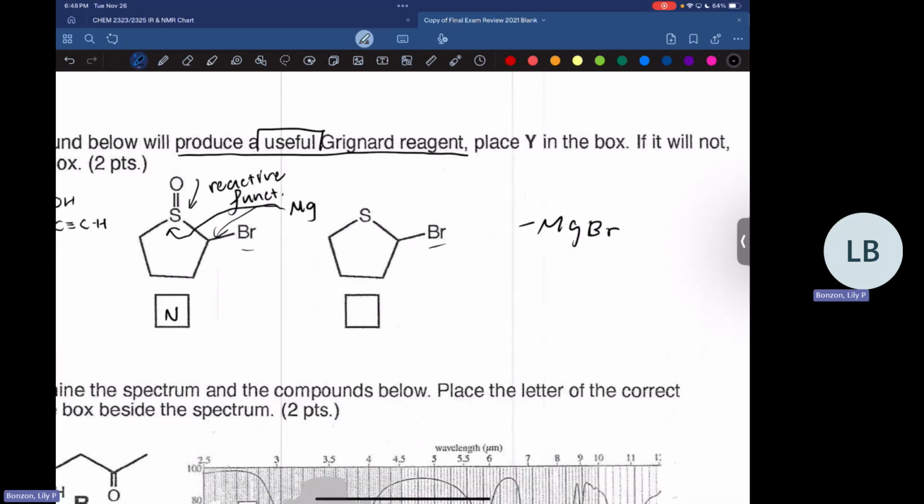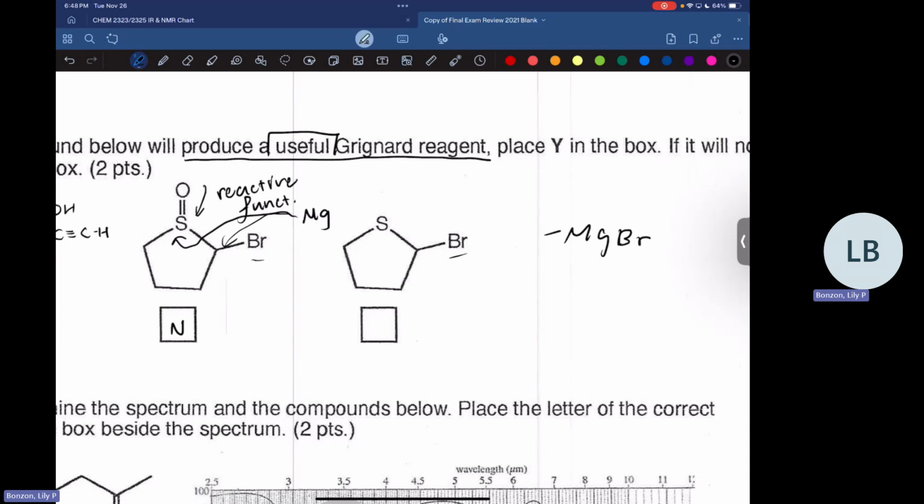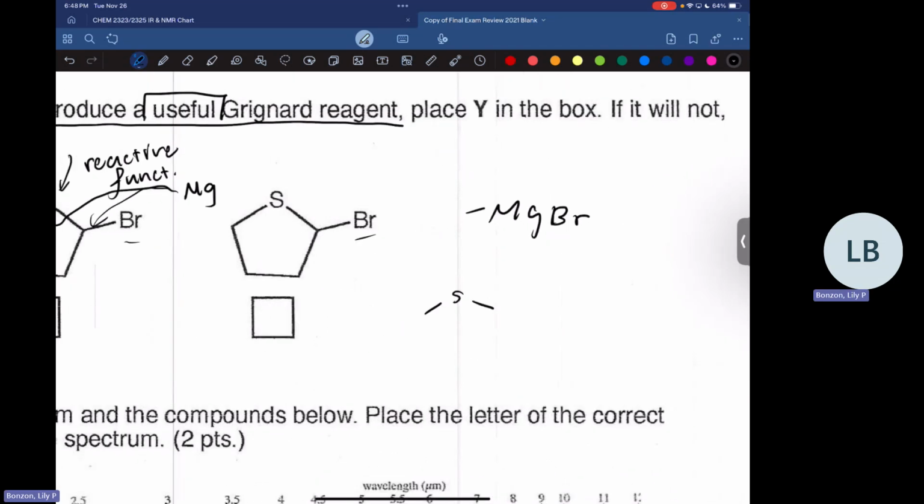And then if we look at the group on the right, we do have a sulfur group, but it's just single bonded to a couple of carbons. So whenever we have these ether sort of structures, so ether is the oxygen bonded to 2 different carbons, these ones are actually not reactive enough to ruin the Grignard.